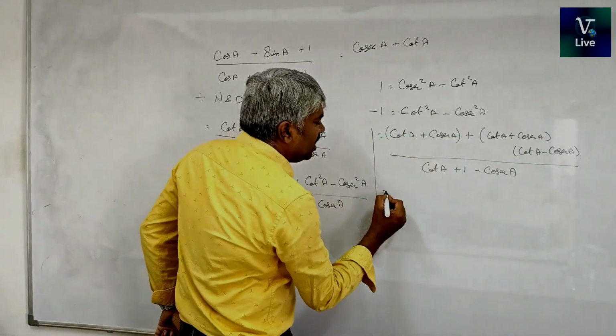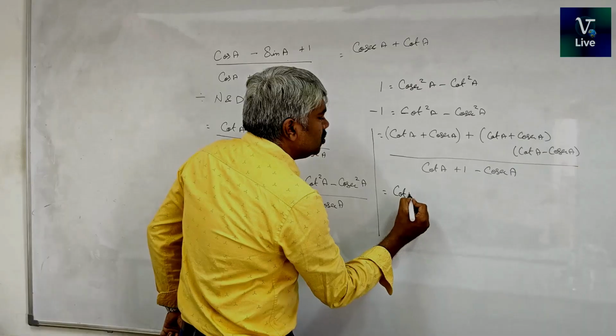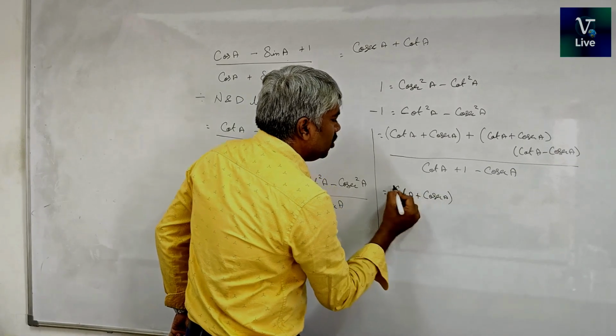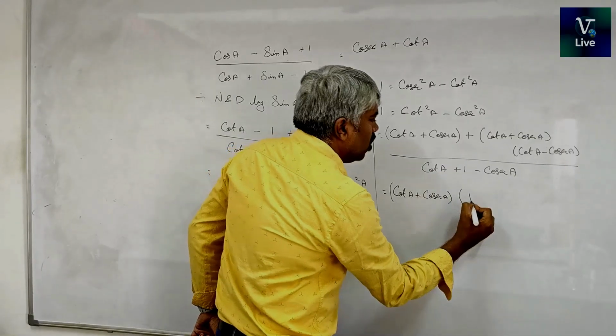Now, you can take it common. So, cot A plus cosecant A, if you take it out, you will get 1.